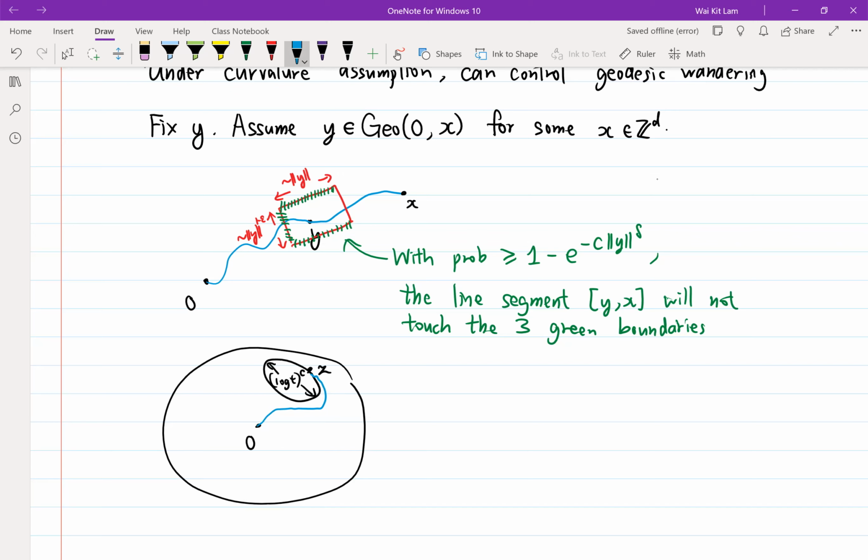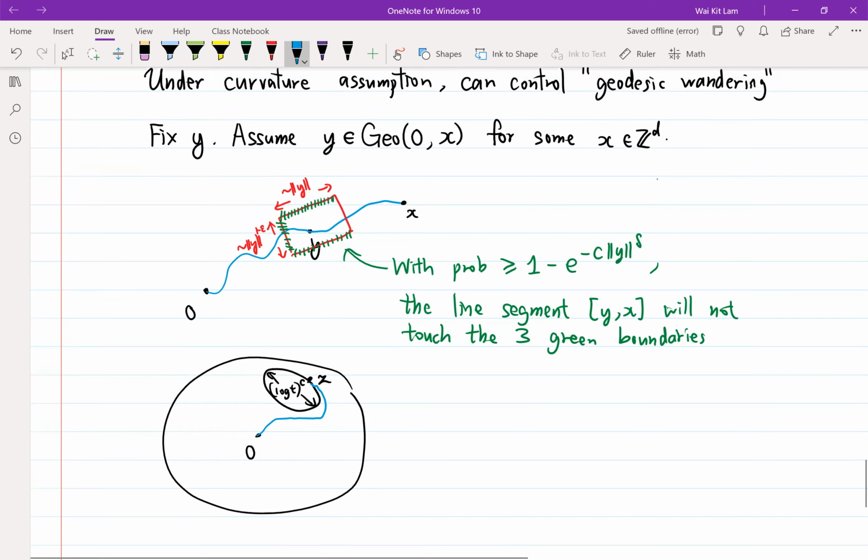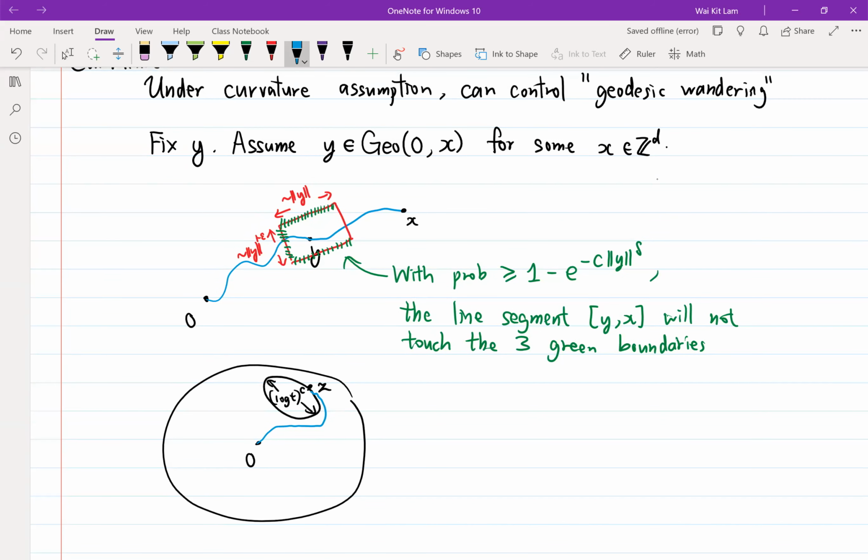You must get around the hole, because this is something that you cannot reach. So you need a detour like this. However, if you need to go in this way, then because of the picture above, this geodesic will wander around, and this will violate the picture above. And so this couldn't happen with high probability.